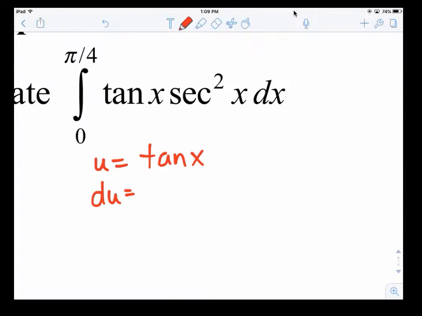If I take the derivative of tan, I get secant squared. We had to use a trig identity before, we were missing that.